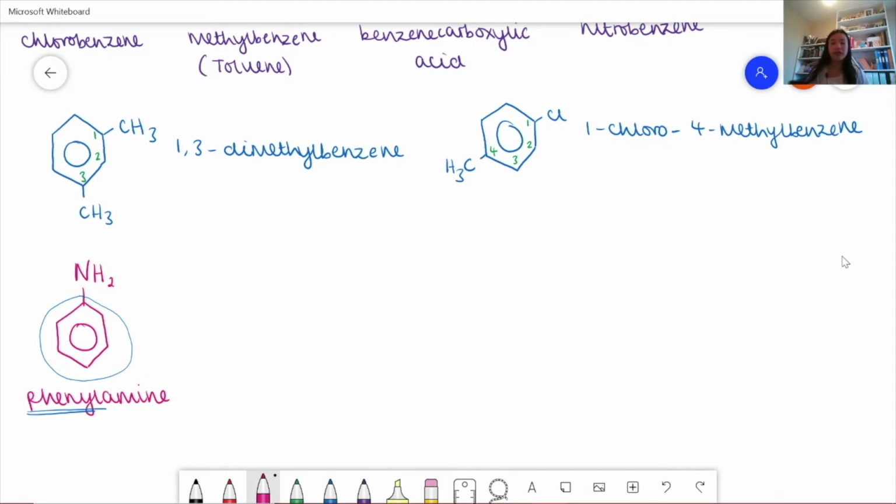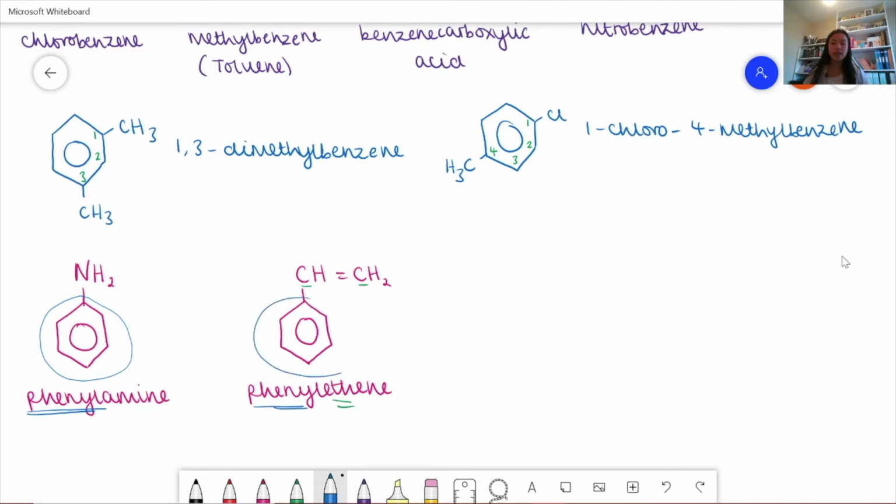We could also have phenylethene, so you'd have CH double bond CH2, and then this carbon would be attached to a carbon of benzene. This is phenylethene because we have two carbons here, eth, and then phenyl because of this group here.